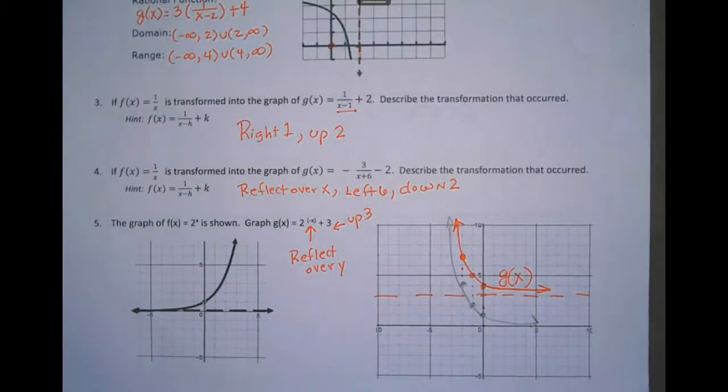It is flipped over the y-axis, and then it moved up 3.